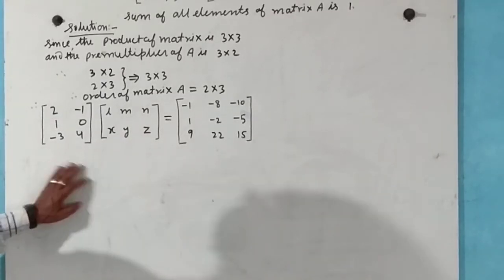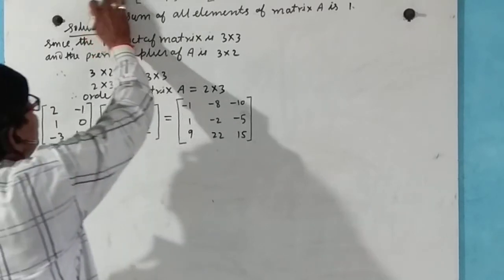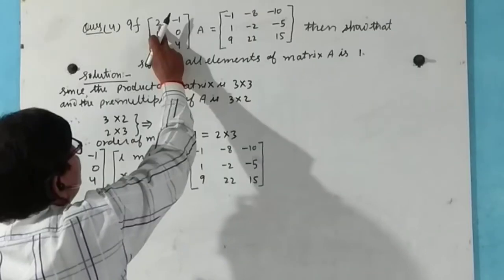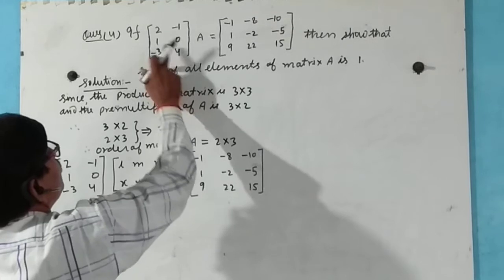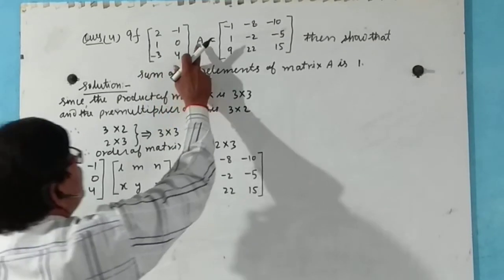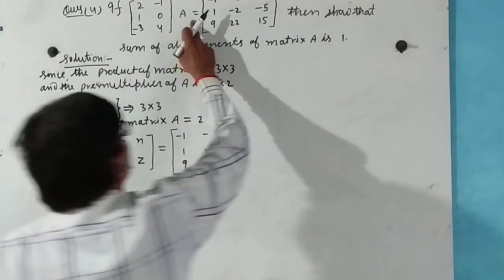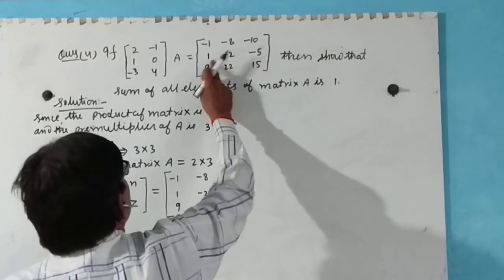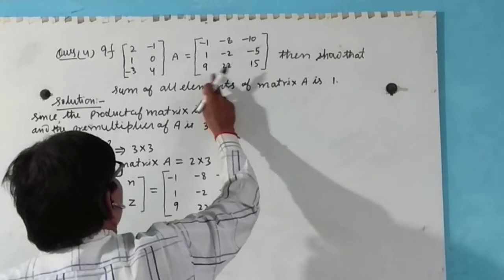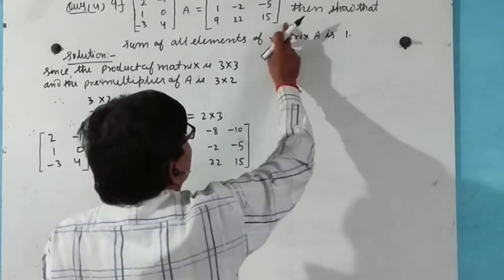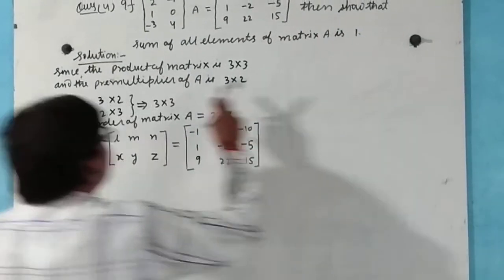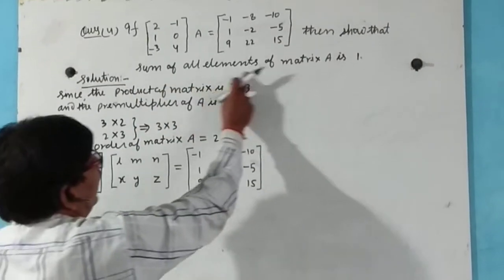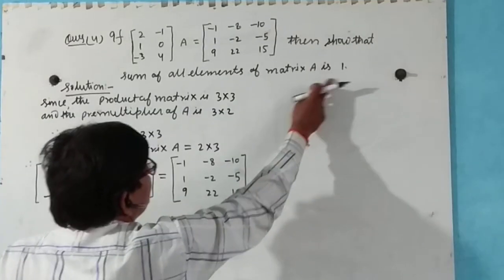Now we see another question. Question 42: the matrix with rows (2, minus 1), (1, 0), (minus 3, 4) times A equals the matrix with rows (minus 1, minus 8, minus 10), (1, minus 2, minus 5), (9, 22, 15). Then show that the sum of all elements of matrix A is 1.